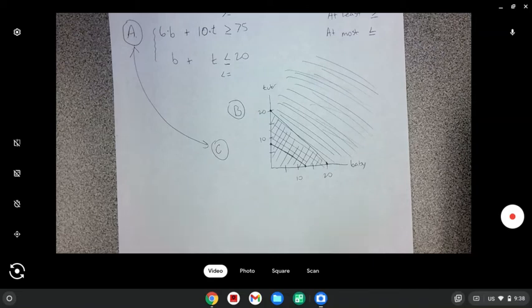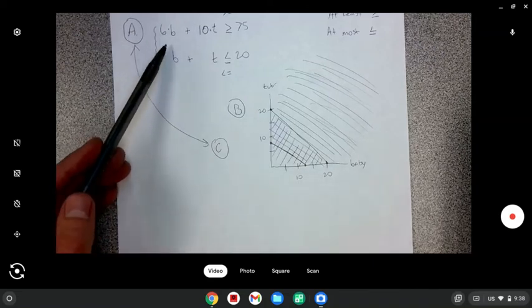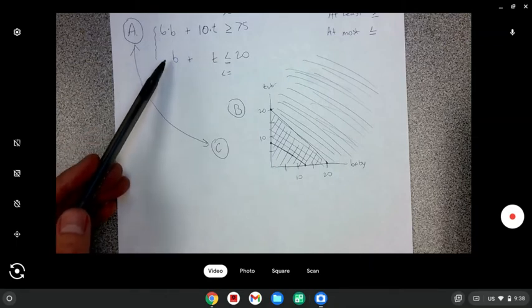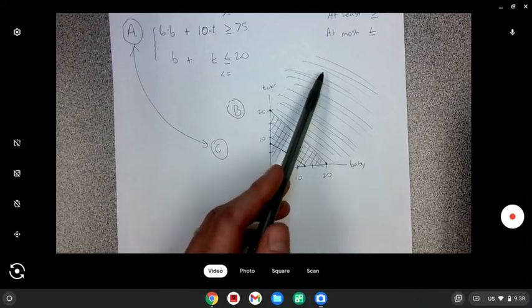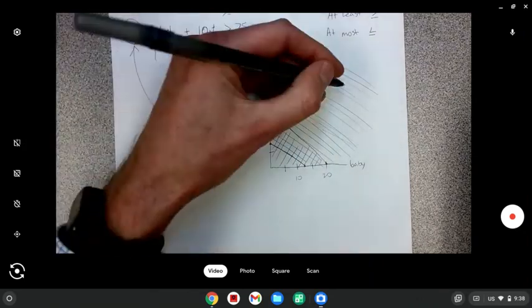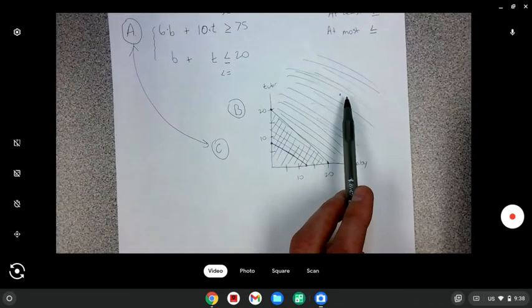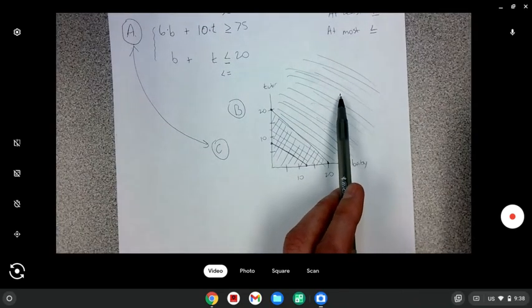What they're asking is, what region of this graph works for both of these at the same time? This area down here, any combination down here, is less than 20 hours, but it's not enough money. This region up here, let's say this point right there, that's plenty of money, but it's way too many hours.